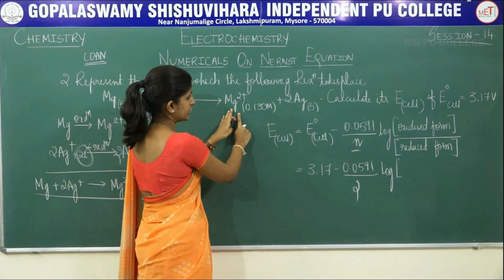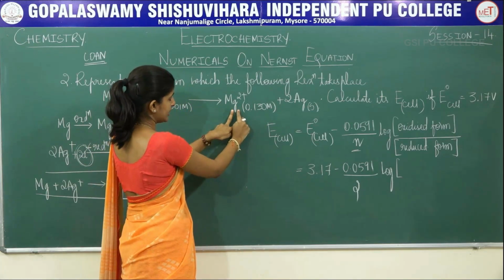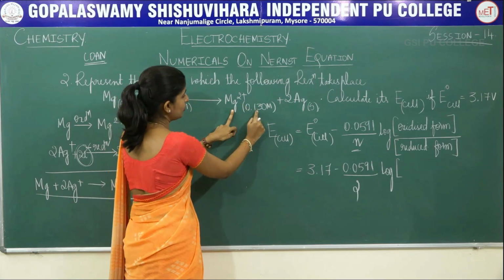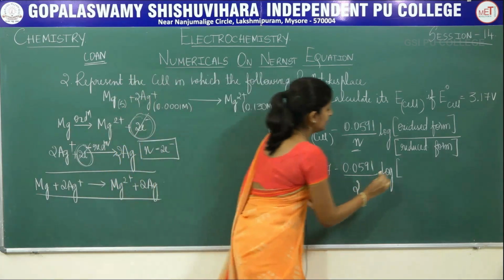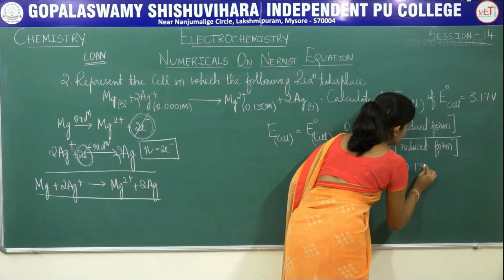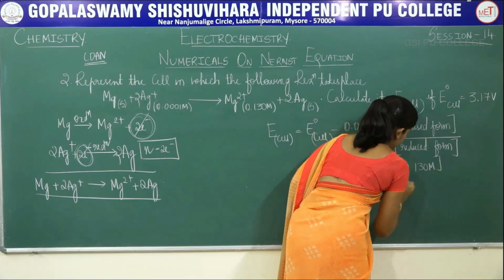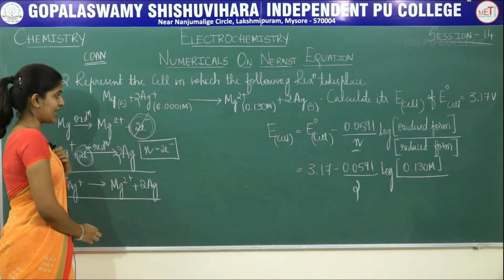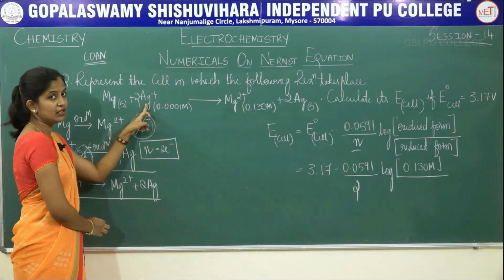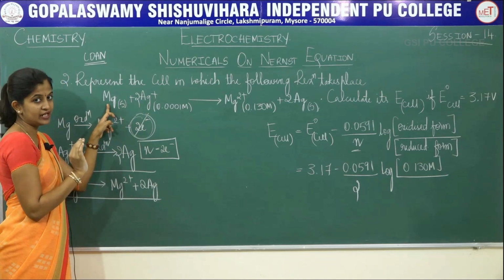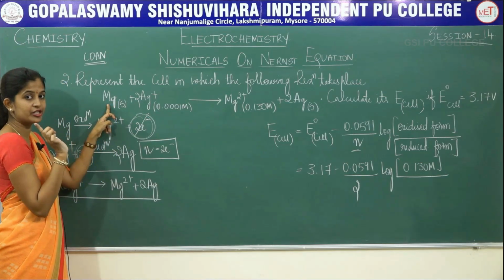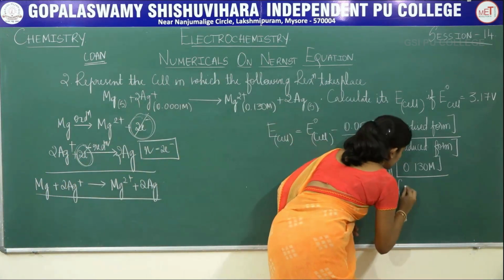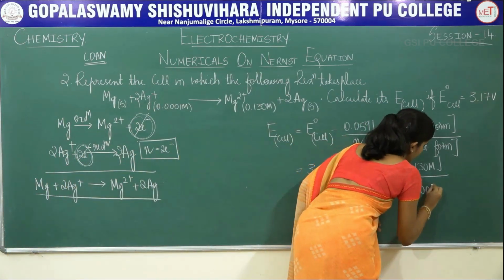So the oxidized form, or you can take it as product, its concentration is 0.130 molar, divided by the molar concentration of reactants, magnesium and silver. Magnesium concentration is 1 because it is a pure substance. Ag+ concentration is given, it is 0.0001 molar.